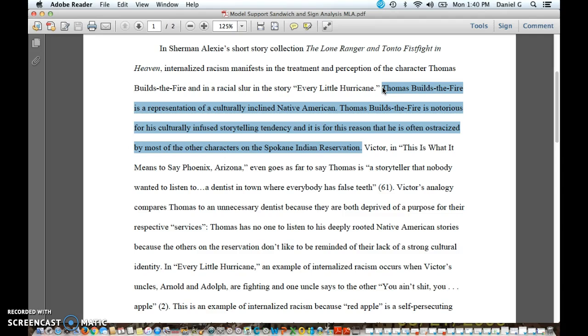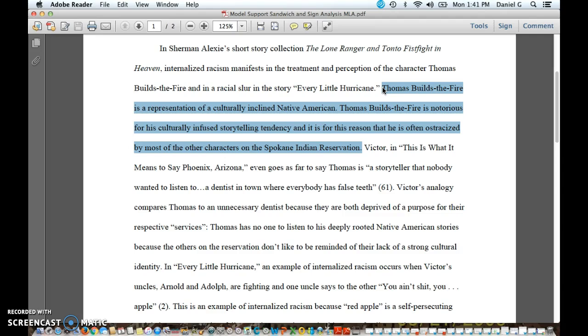Moreover, we also get the detail that he expresses this value for his Native American identity through the stories he tells. Here in the context, the student writer has already interpreted a detail by association. Thomas's stories signify how much he values his ethnicity.